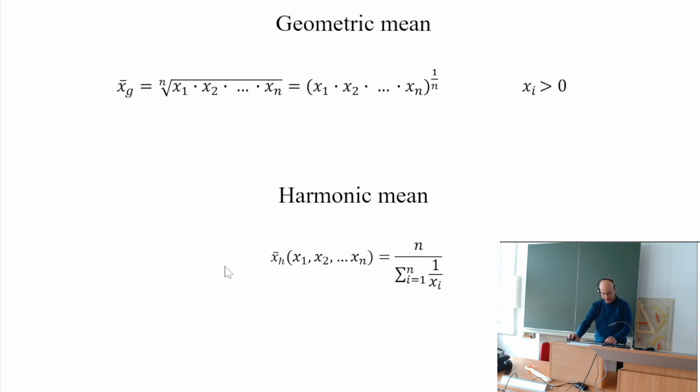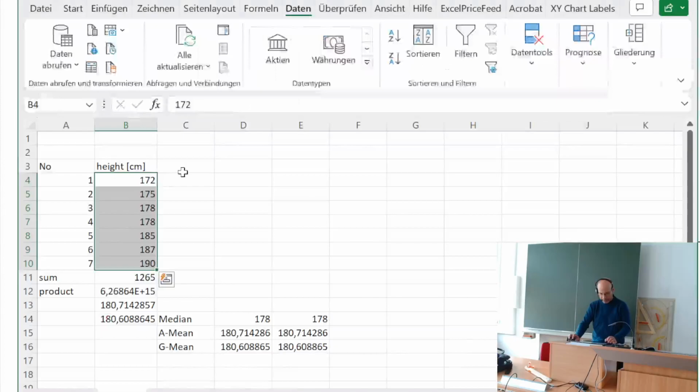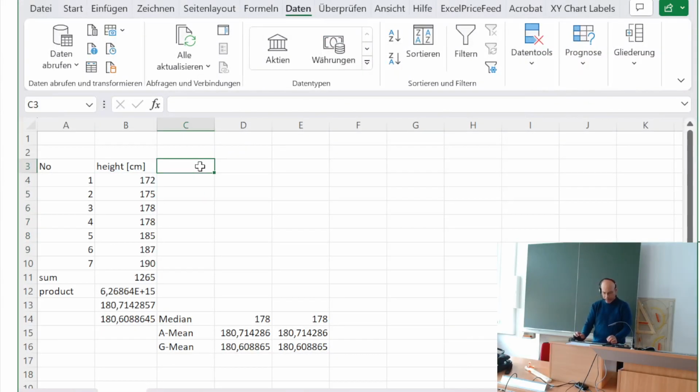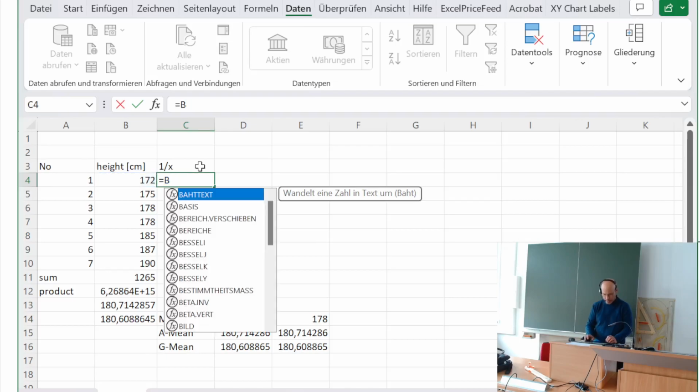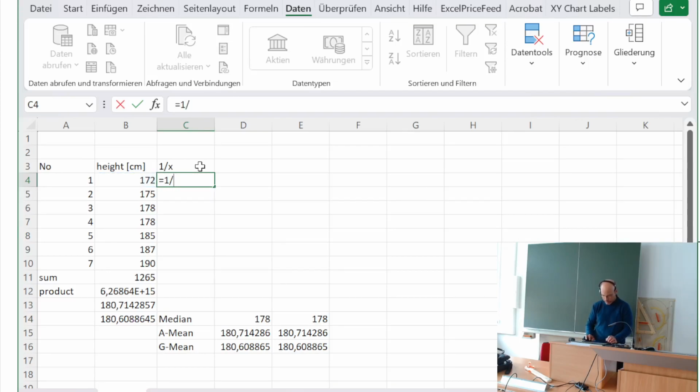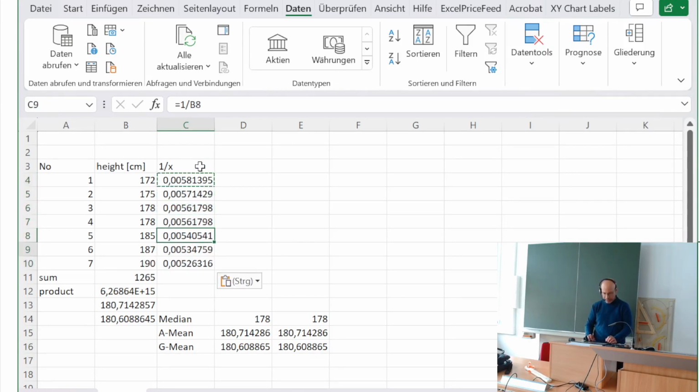But let's calculate the harmonic mean. At first we have to calculate the inversion. So this one over this one. All these we have to sum up. Therefore, we just can copy this formula here.